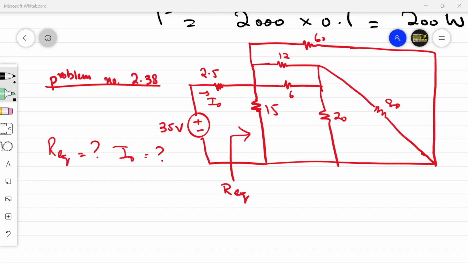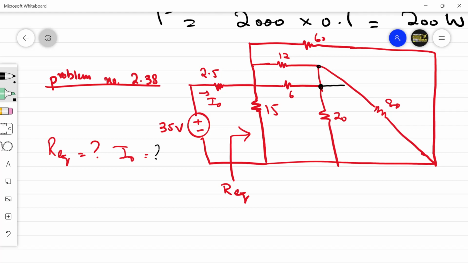So how to approach this? If there were a resistance here, then this problem would have been a little bit tough to solve. We would have to go for star delta transformation. Since there is no resistance here, this node and this node are almost the same.